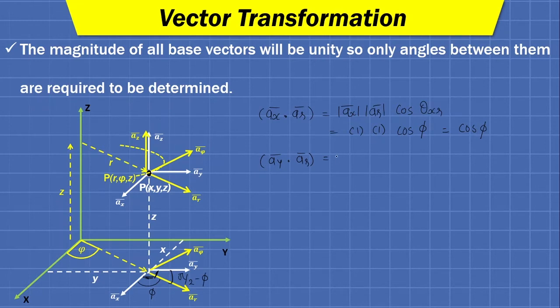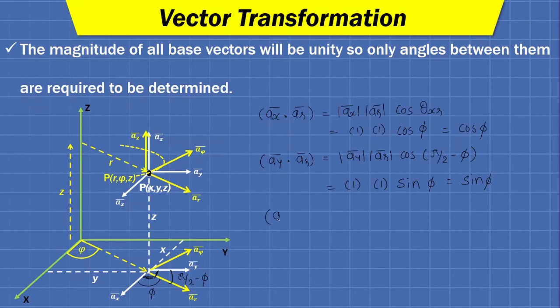So we can write the modulus of a_y times the modulus of a_r times cos of pi by 2 minus phi. Now this will be 1, this also will be 1, and cos of pi by 2 minus phi turns out to be sin phi. So this will be sin phi.